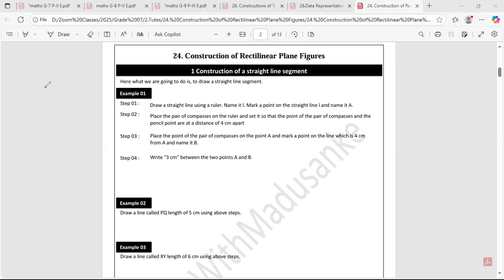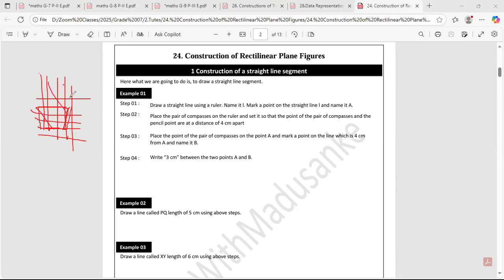In your exercise book there is a grid of small squares, so by taking the ruler you can just draw a rectilinear figure whatever you want.